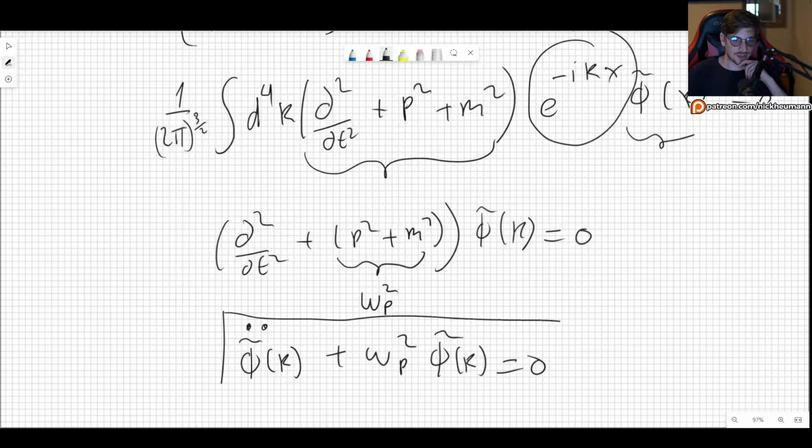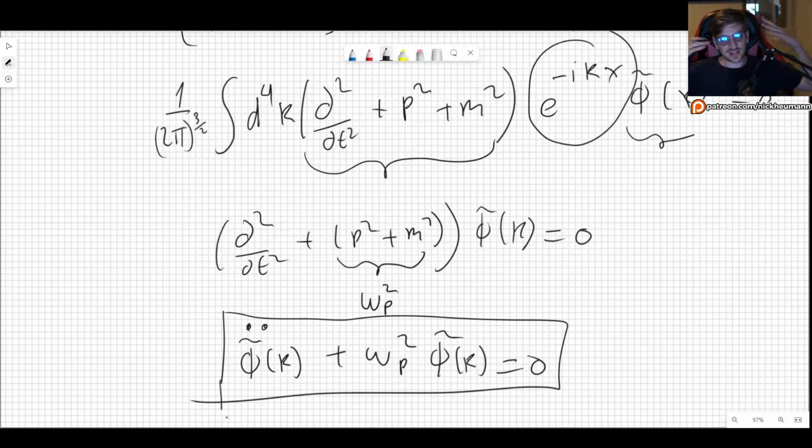This thing right here is simply the equation of a simple harmonic oscillator that we have seen many times. So we can see that the equation of motion that this now satisfies is actually that of harmonic oscillators. And that's why we were saying that the field itself is basically going to be an infinite amount of harmonic oscillators, each one oscillating, right? And when one of them is excited, then you have a particle. So that's what we're going to be going into.